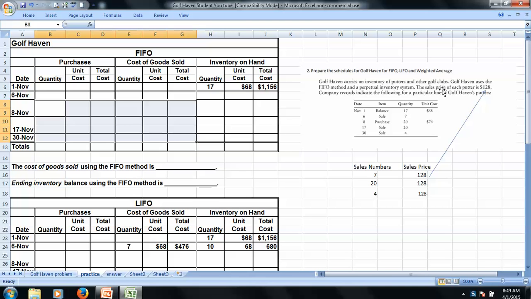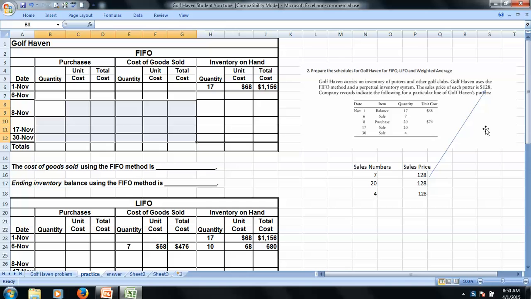Under Golf Haven, the company has decided that they're going to sell all of their putters for $128. That's what they're going to sell them to the clients. So from now on, we're going to be Golf Haven and we're going to have customers, and every putter that we sell, we're going to sell for $128. We just have to determine which putters actually sold and what the cost allocation is.